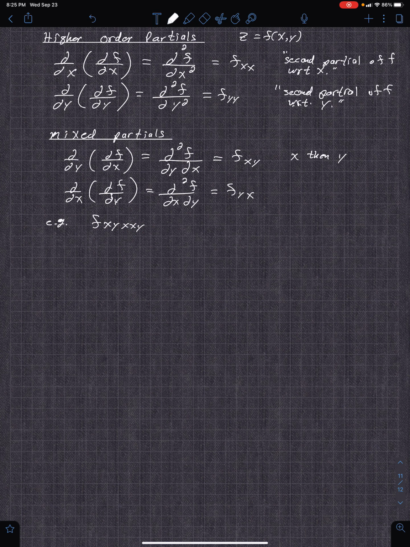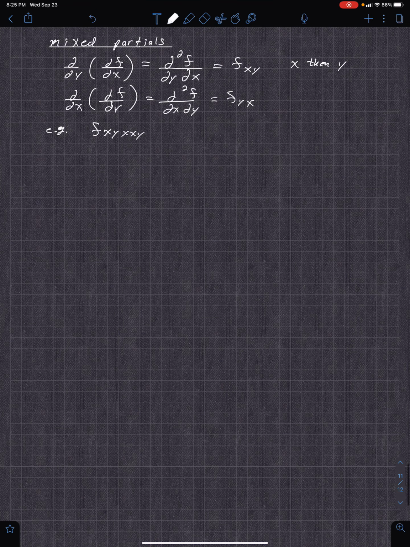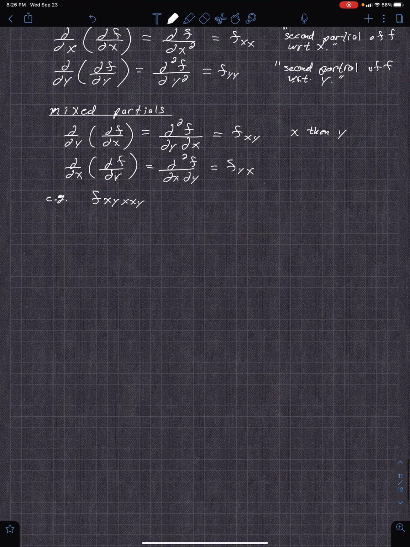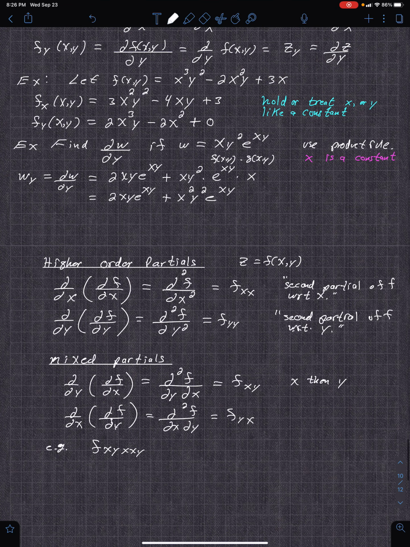Okay, so let's look at an example doing a mixed partial. I think I used the same one as above. Yeah, same one as above. So check this out. Actually, we'll just copy it because it's right there.